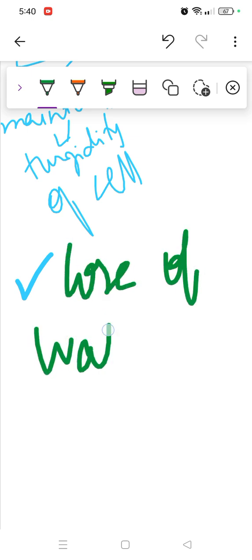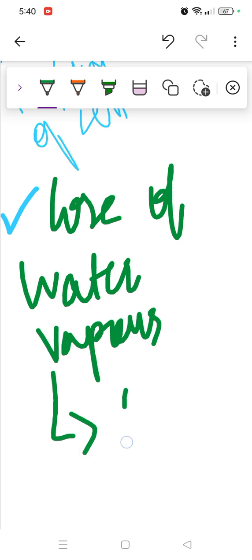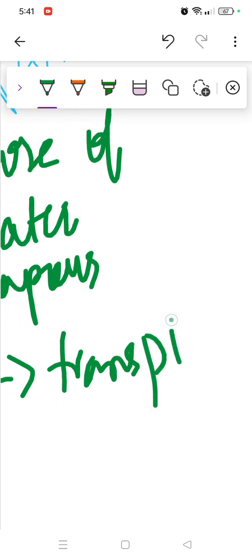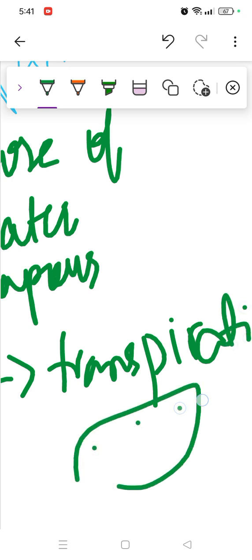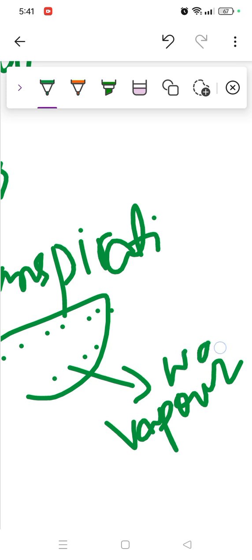That process is called transpiration. If this is a leaf, on the structure of the leaf you'll see water vapors being lost, and that provides a cooling effect.